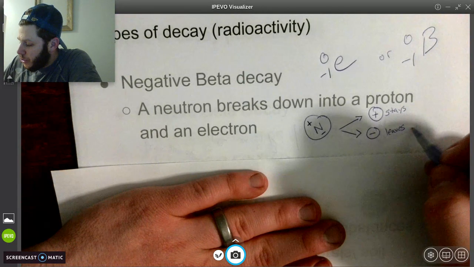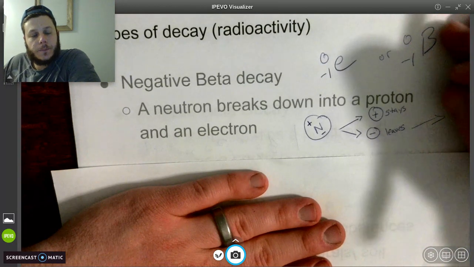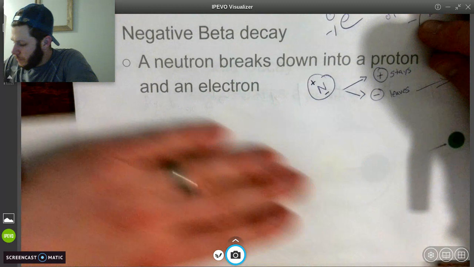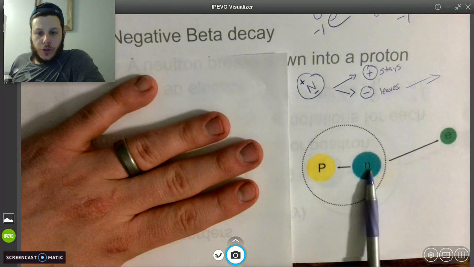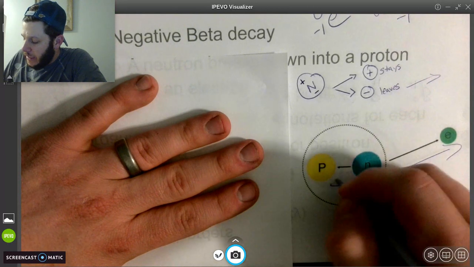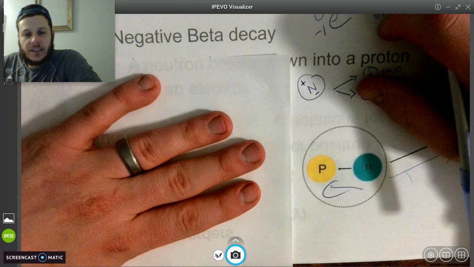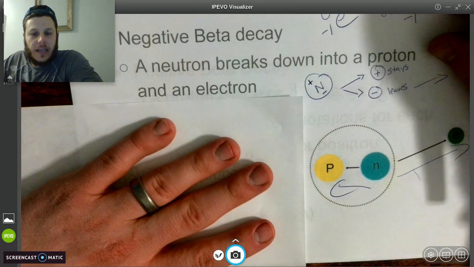So an electron is shot out and a proton stays behind. So the neutron that you start with becomes a negative electron and leaves behind a positive proton. And this is called a negative beta decay.